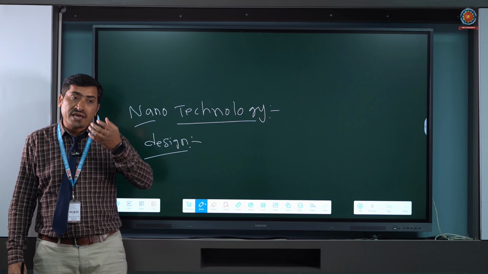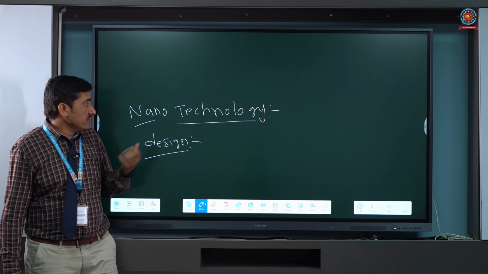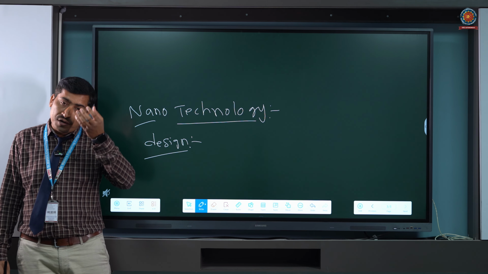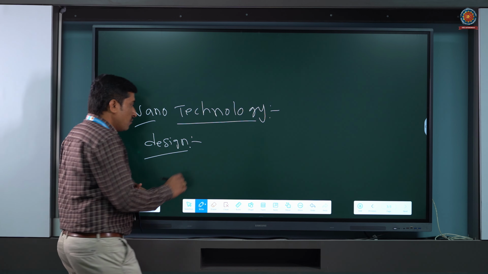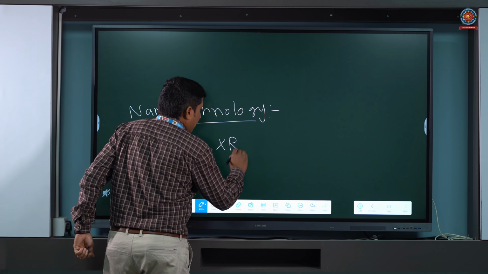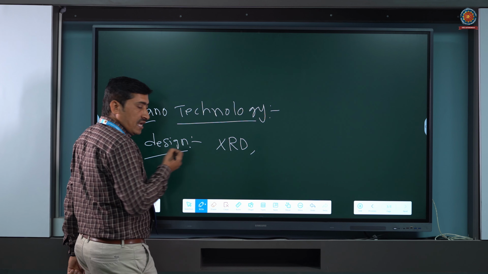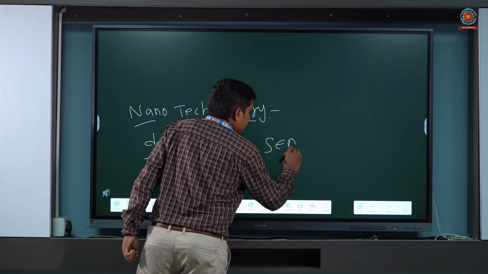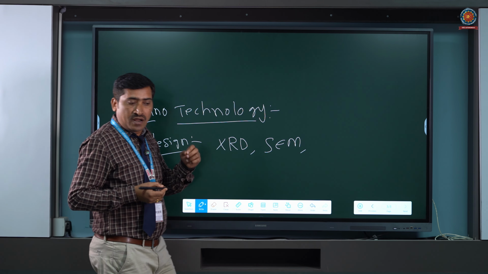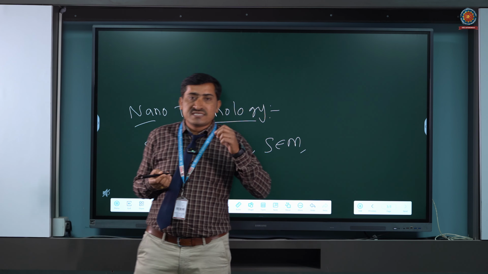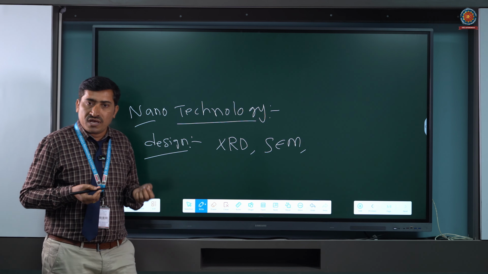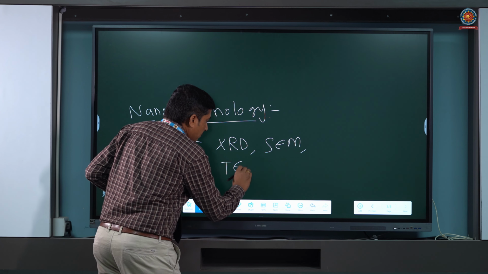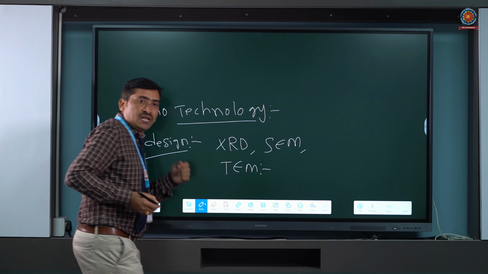Next is characterization. We also apply nanotechnology in characterization techniques. We have different characterization techniques. The first is XRD, X-ray diffractometer. Next is SEM, scanning electron microscope. Next is TEM, transmission electron microscope.